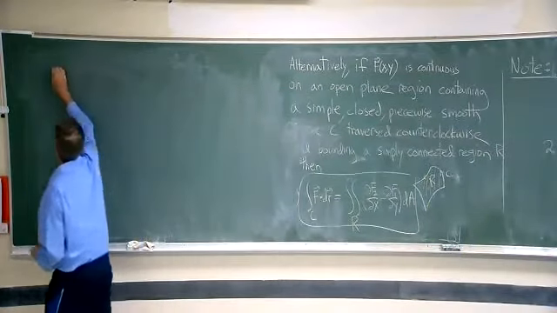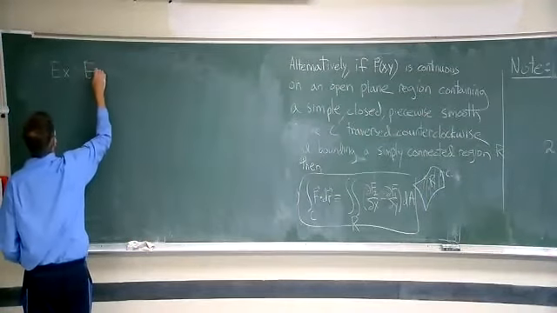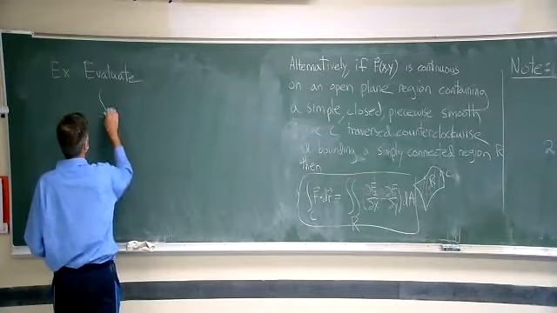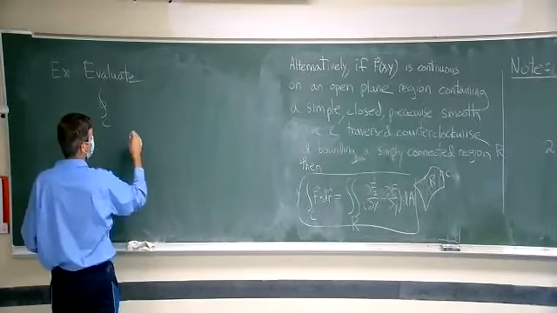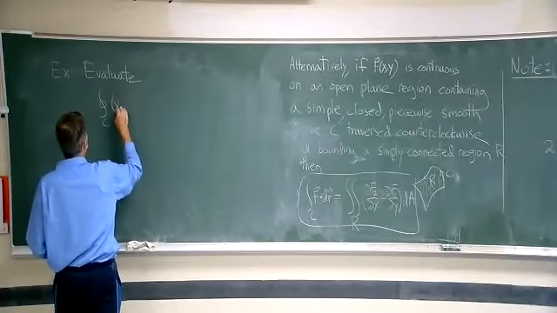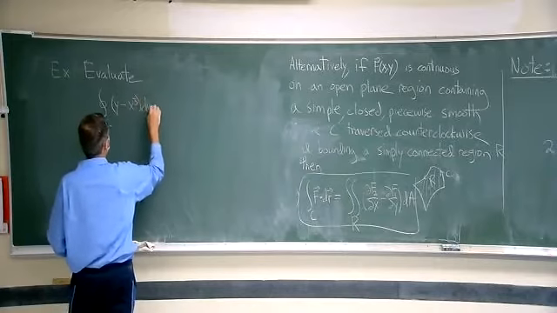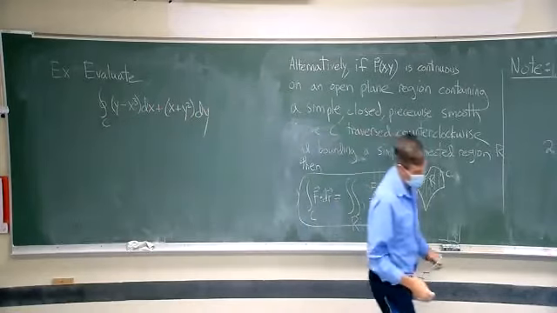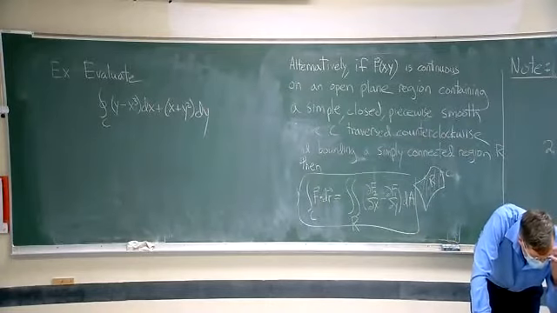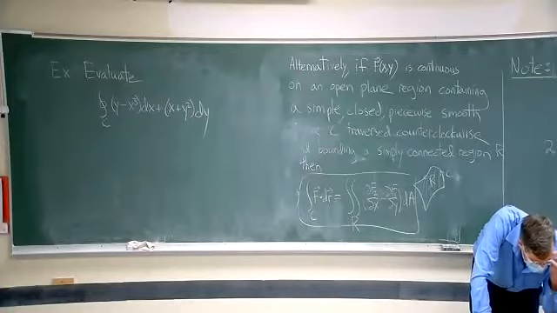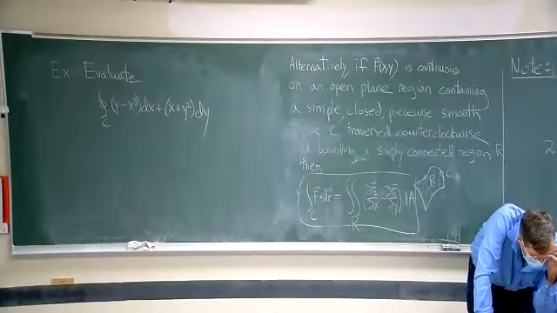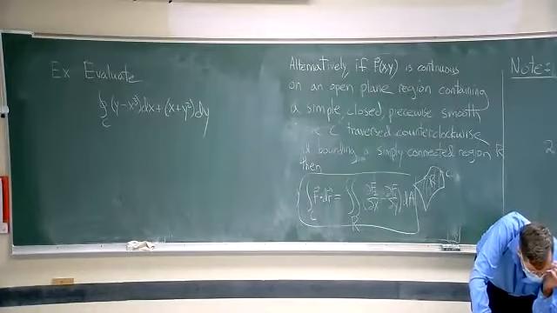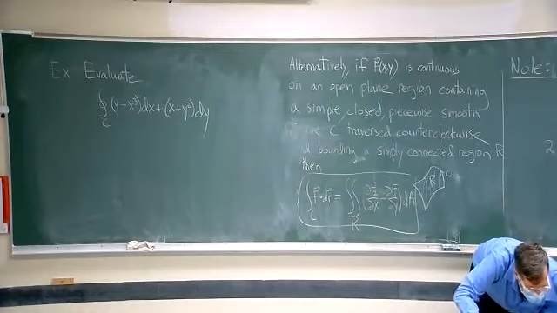Suppose I want to evaluate the line integral, in this case, along a closed path of the kind we just indicated, of x minus y cubed dx plus y plus x squared dy.